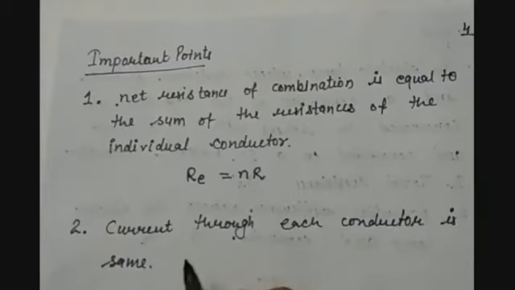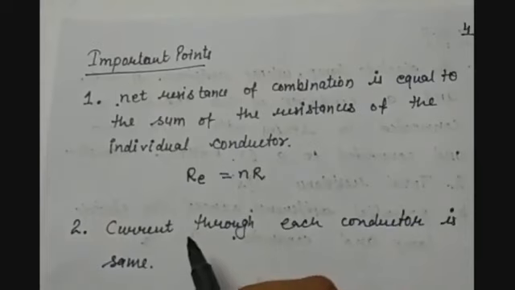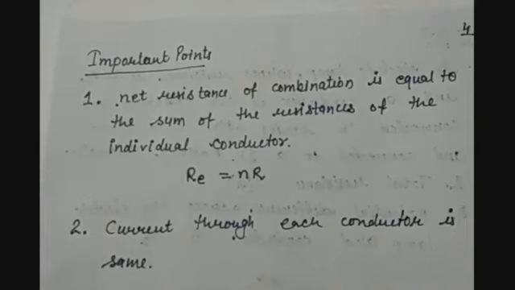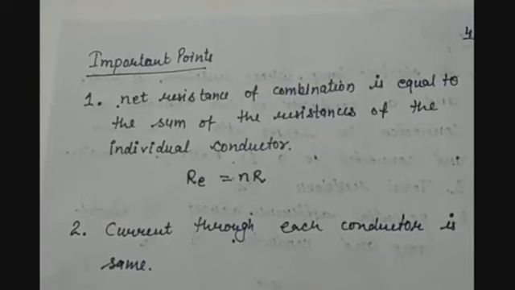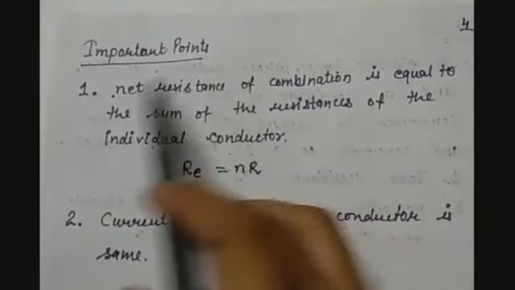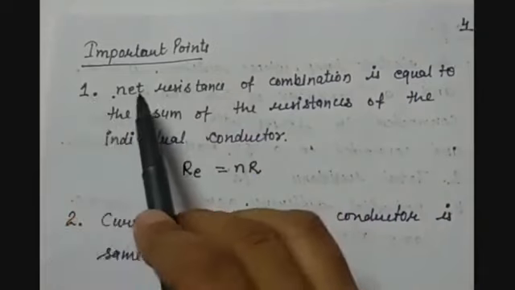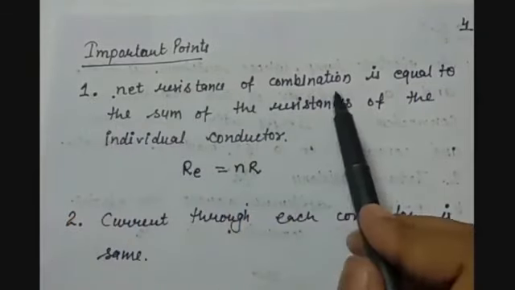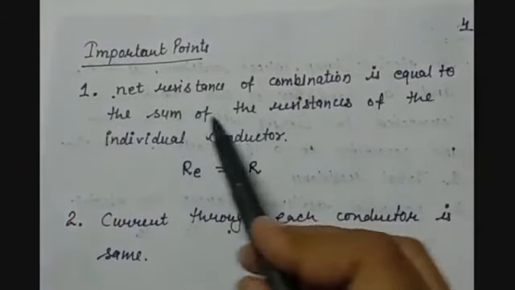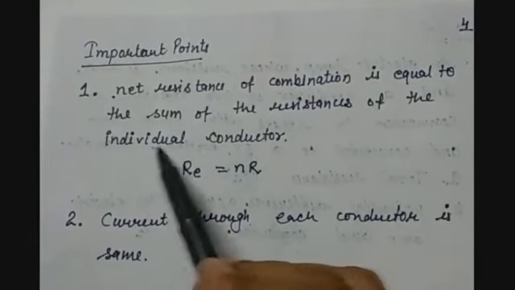So now as we have understood what the equivalent resistance is in case of a series combination of resistors, here we have some points which you have to remember. The first point is that the net resistance of the combination is equal to the sum of the resistances of the individual conductors.